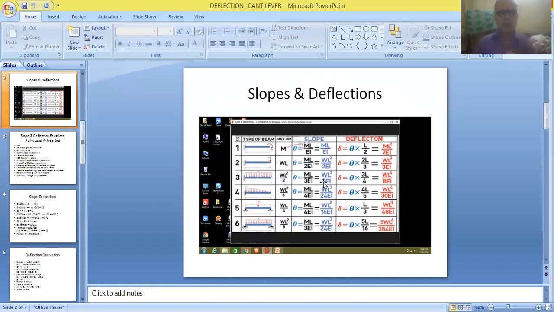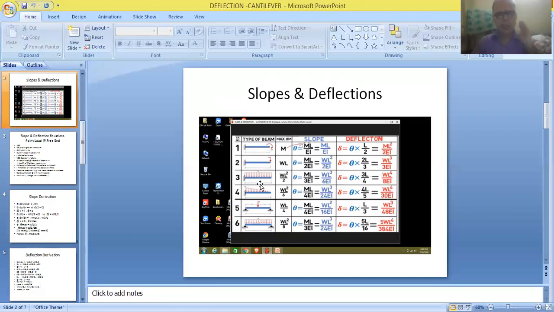You get the slope value as WL cubed by 6 EI, and the deflection value as small w, which is UDL, so it is represented with small w, into L to the fourth by 8 EI.